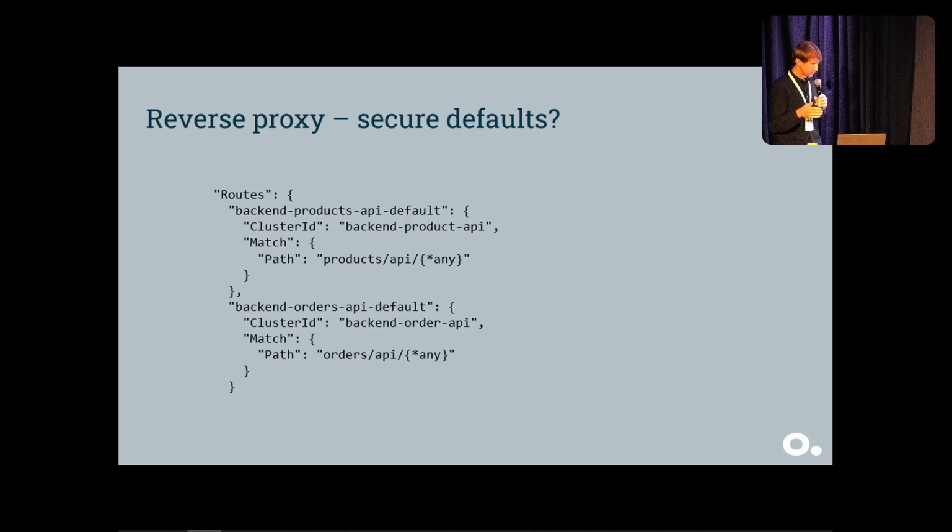They have a whitelist for hosts which they can route to, but often there's a default catch-all routing with the stars, which means that they will route to anything that you pass in there, not just the ones that the backend for frontend should be reaching. And since the backend for frontend can reach the host, it can make calls to any endpoint there. And yeah, so that's not good. We have the stars there.